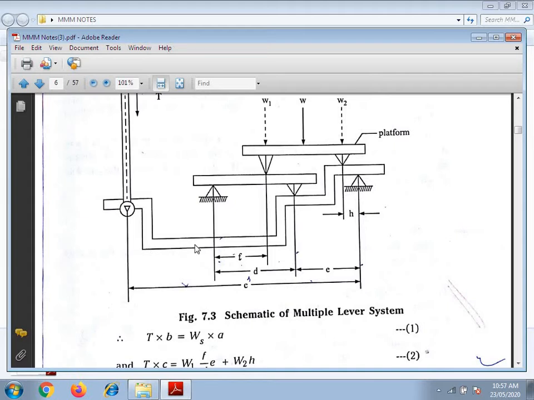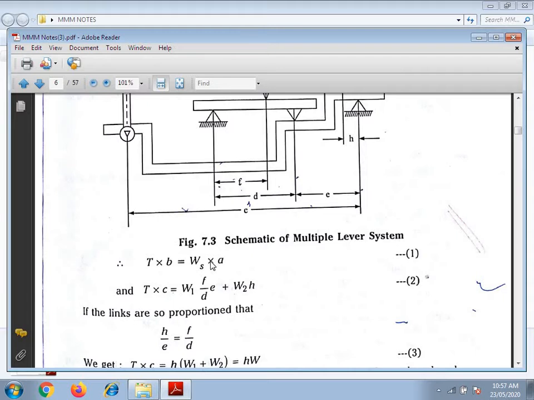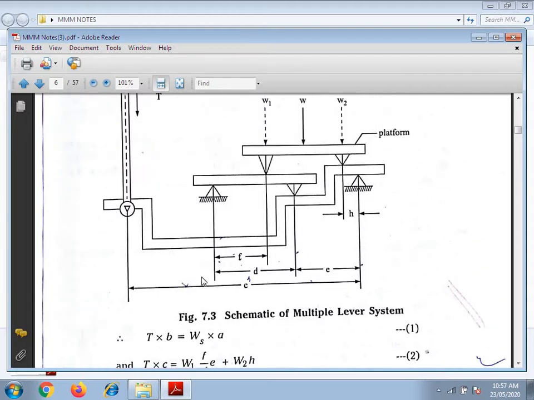So it is a multi-lever balance. So this distance, this is F from here to here. Here it is D, C, E, H.